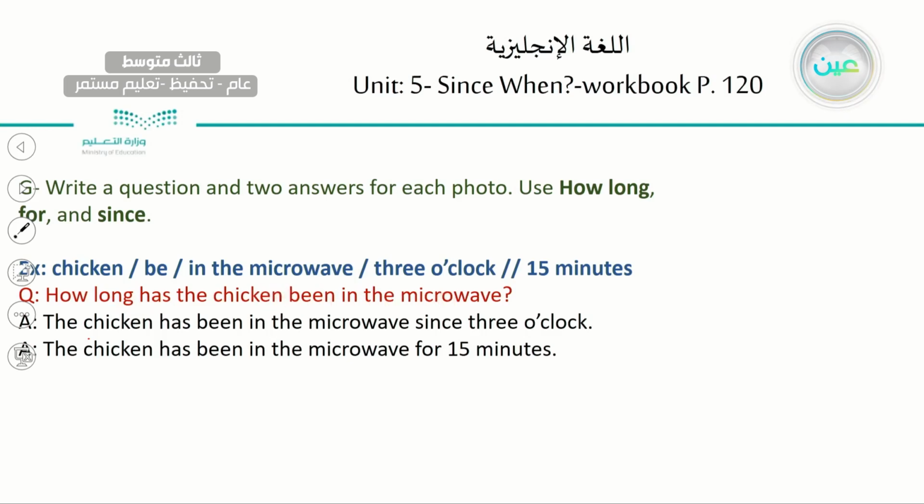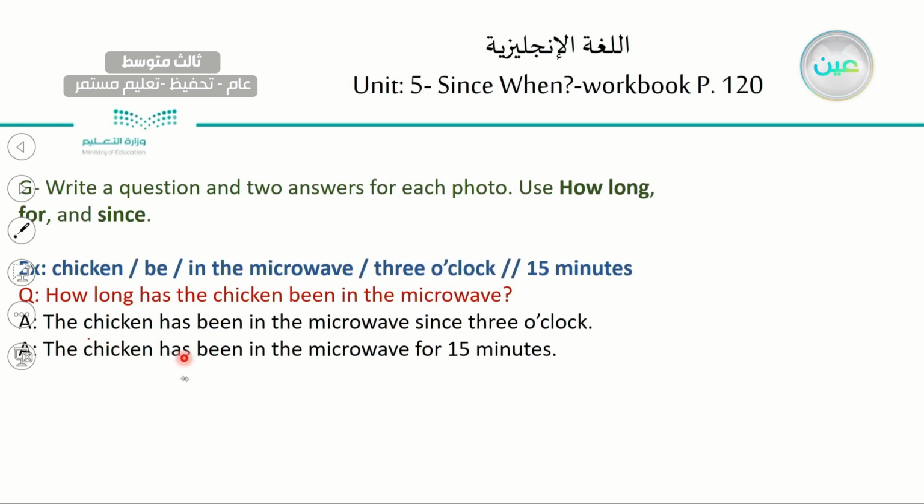So we are using present perfect. Okay, so you have to provide 2 answers, 2 possible answers. One using since, one you have to use for. Okay, and here you should use the answers from the given information in front of you. The chicken has been in the microwave since 3 o'clock.